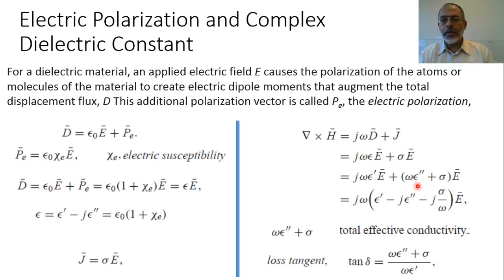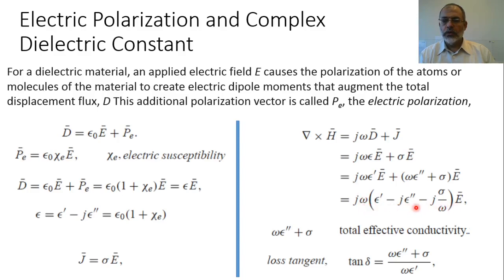Okay? Or in other words, we can take j omega as a common factor. So we can say that j omega multiplied by epsilon dash minus j epsilon double dash minus j sigma over omega, multiplied by E. Here I have taken omega as a common factor from all these items.